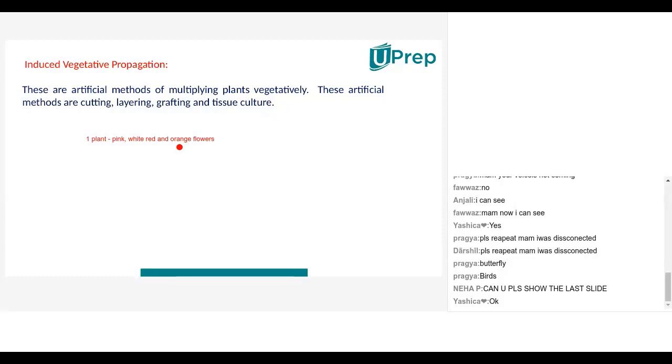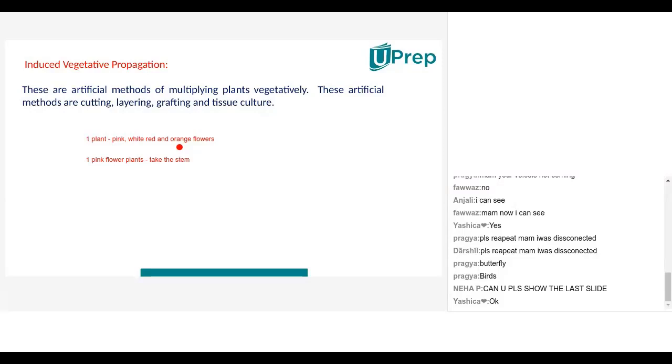But here we are discussing vegetative reproduction. Here you don't need the flowers. Okay. Here what you need is the stem. So you take one plant which has one pink flower plant. Take the stem, cut the stem, take the stem, right?